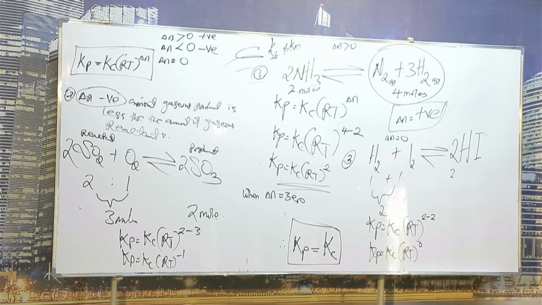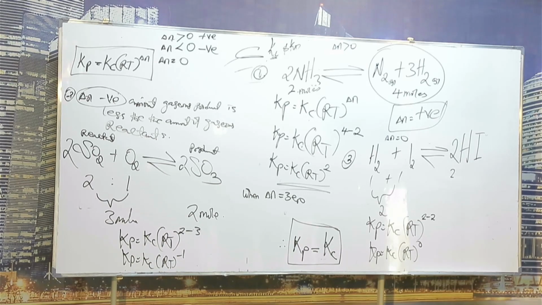Equilibrium constant can be defined as the ratio of the concentration of the product over that of the reactant.